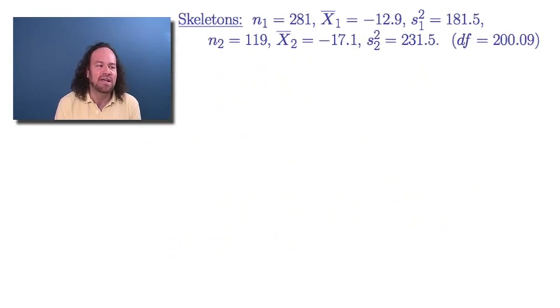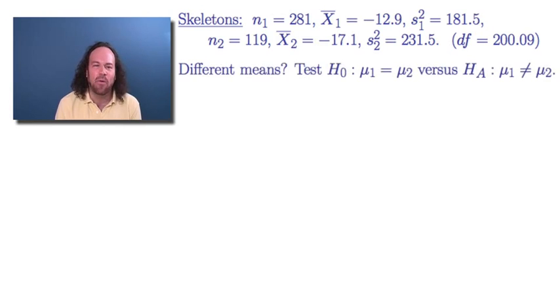So for now, let's go back to that skeletons example, and remember we had the two different samples for the male skeletons and the female skeletons. They each had their sample size, their sample mean, and their sample variance. And we computed the degrees of freedom from that big complicated formula as being just over 200.